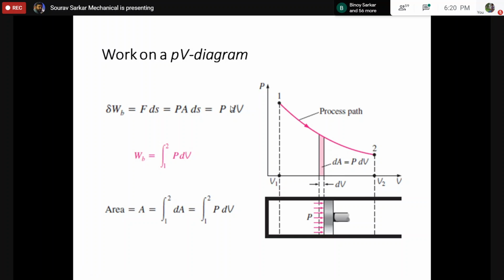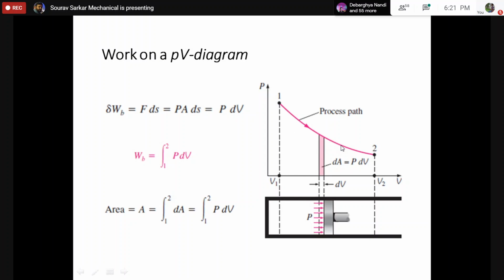If 1 is the initial state and 2 is the final state, the total work done is the integration of P dV. Why is it called P dV? Because everywhere the pressure is changing.